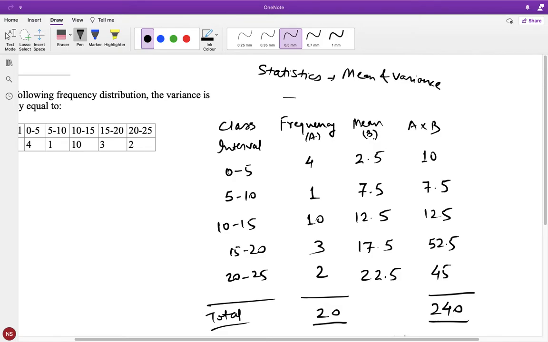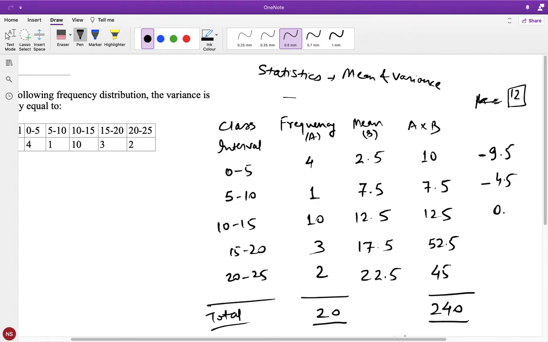You have to take this and subtract mu from it. Mu is 12, the mean of this given data. 2.5 minus 12 is minus 9.5. 7.5 minus 12 is minus 4.5.